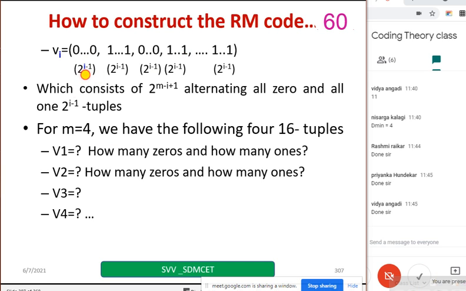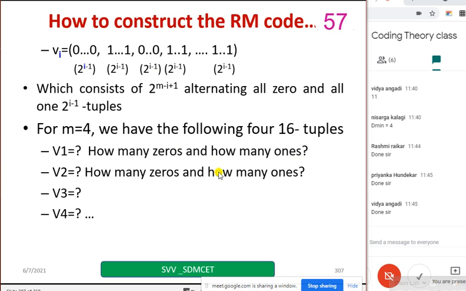How many zeros? It is 2 raised to i minus 1. For example, i equal to 1, i equal to 2, i equal to 3, i equal to 4. How many zeros and how many ones do I have to write? Let us take v1 equal to how many zeros and ones, v2 equal to, I want you to think and type your answer in the chat box.